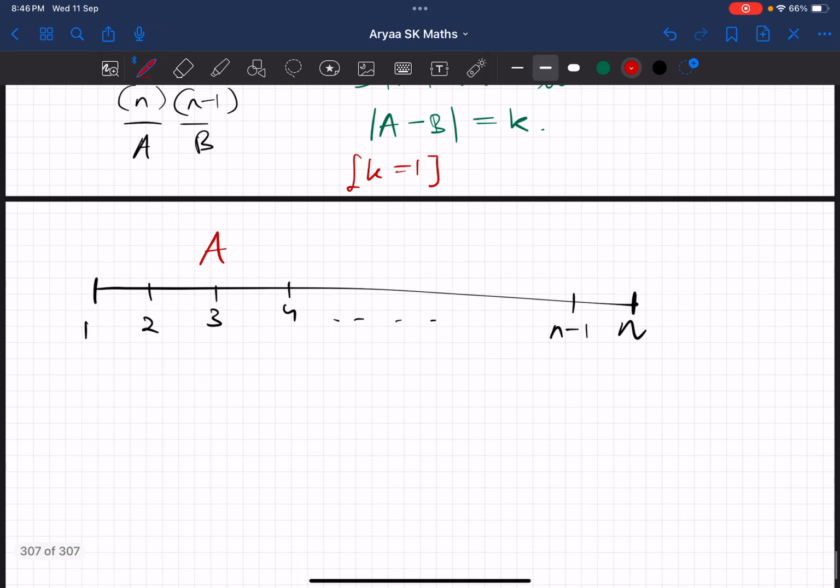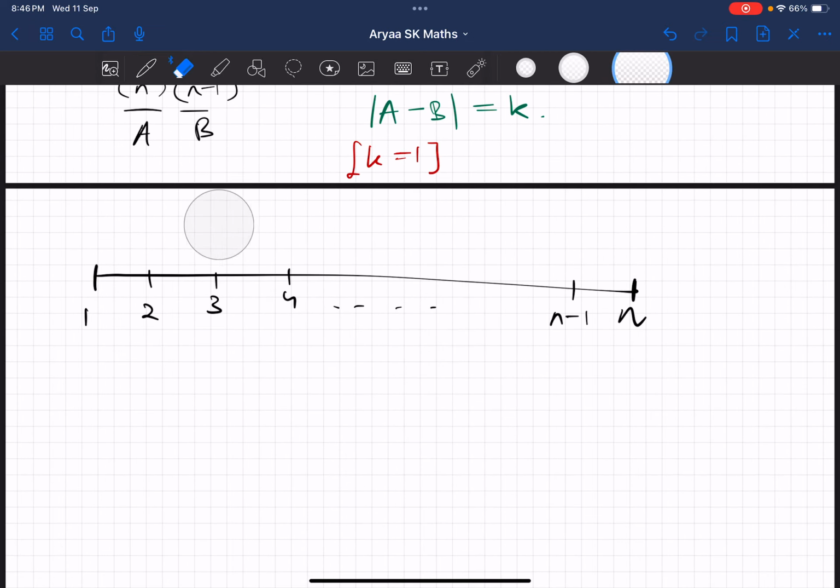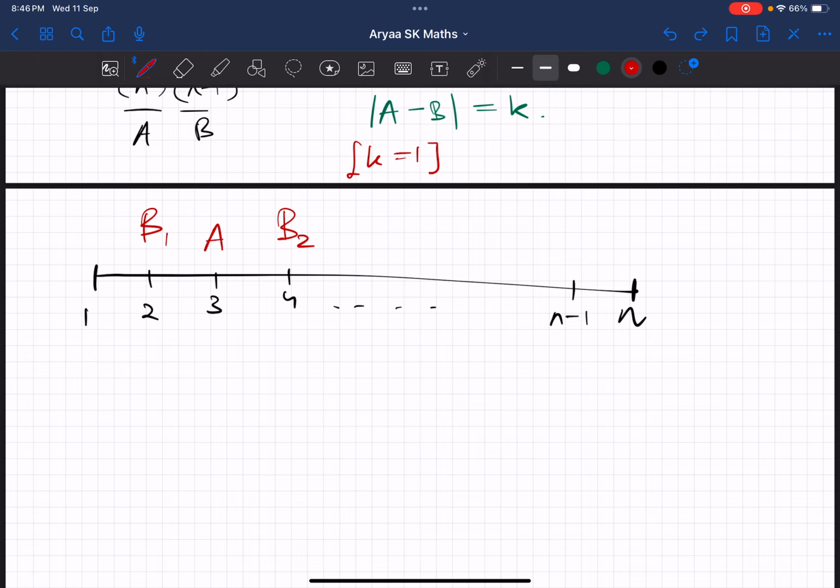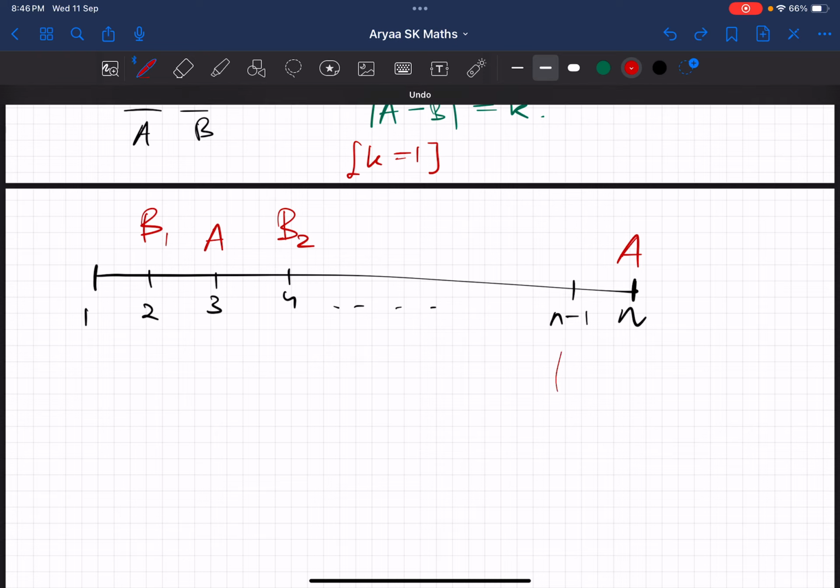Well, we just need A to be here, and for every position of A, there are 2 possible solutions for B, aren't there? We can have B1 over here or B2 over here. And that's valid for any A. So we can literally select A to be here, and we could have B1 there or B2 there.